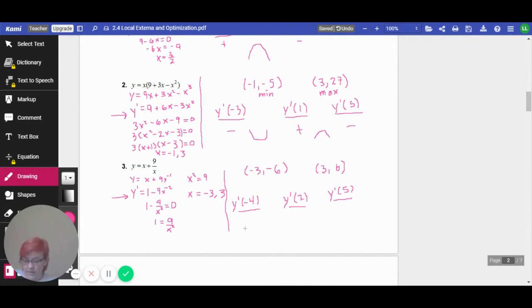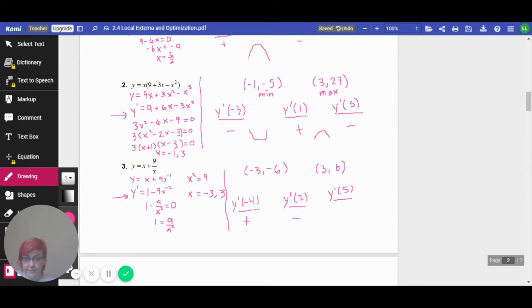So 1 minus 9 times negative 4 to the negative 2, I get a positive result. Next, 1 minus 9 times 2 to the negative 2, I get a negative result.